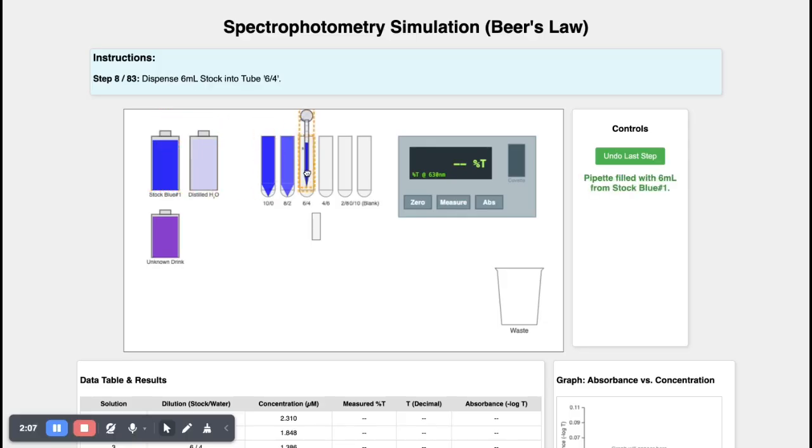Here we are preparing our samples. We can see the dilution shown at the bottom of the tubes.